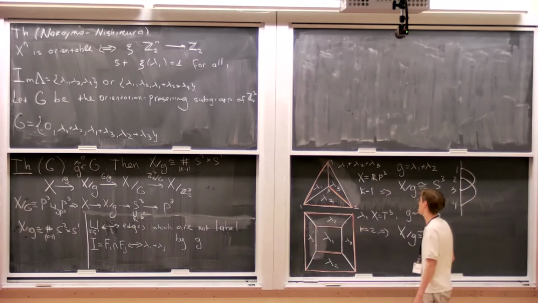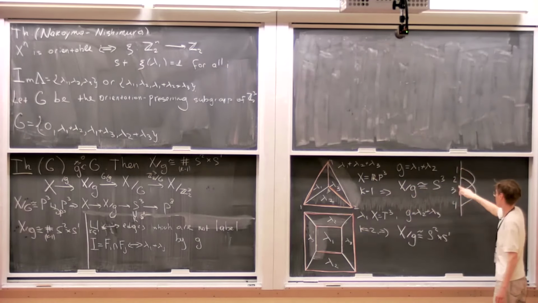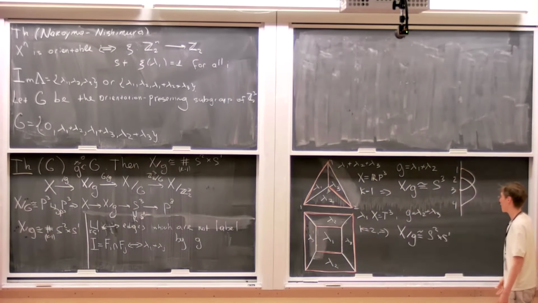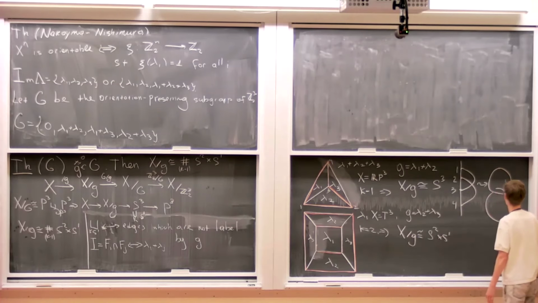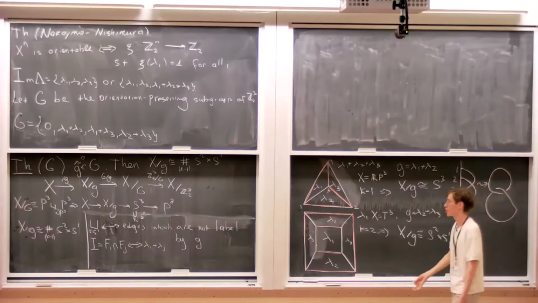For example, this corresponds to this set and this set. And to describe the link, we basically just need to double every chord here. In this example, it will be a Hopf link, something like that.